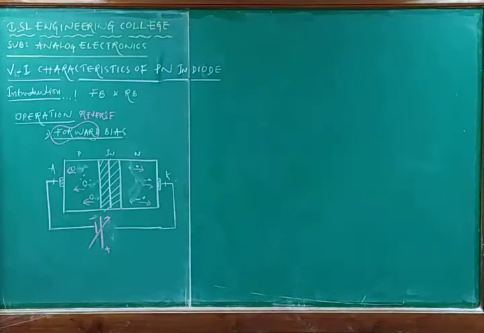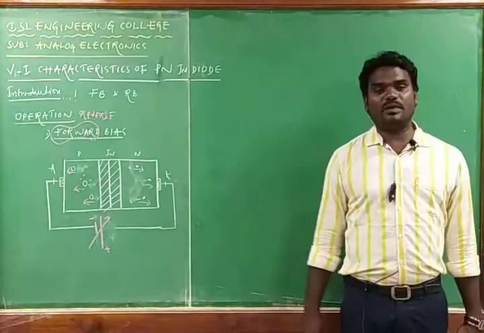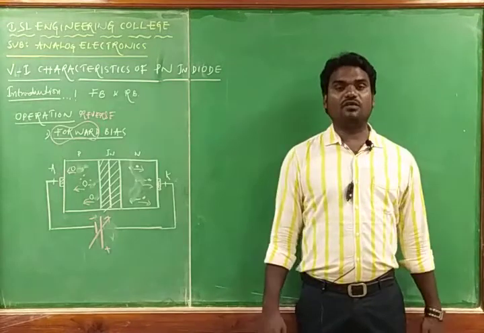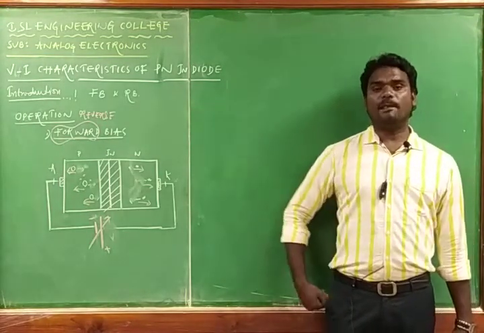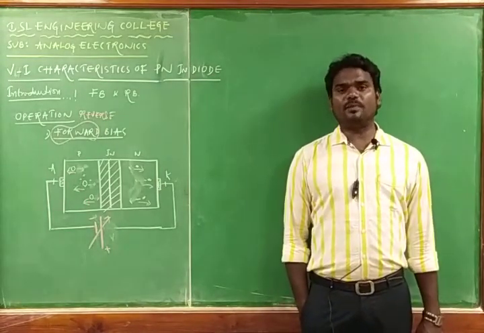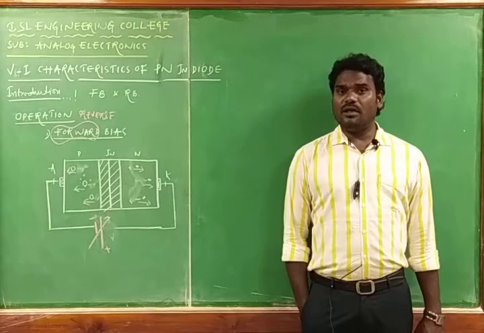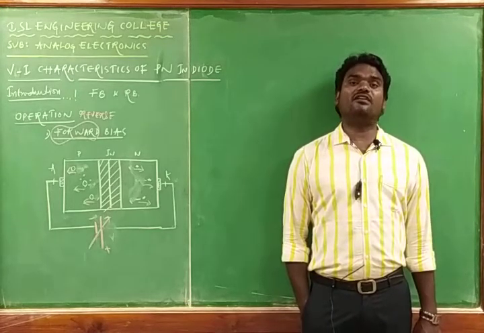So the PN junction diode conducts current in forward bias in terms of milliamps, whereas the same diode conducts current in reverse bias in microamps. Milli means 10 power of minus 3, micro means 10 power of minus 6. That means in reverse bias mode, the PN junction diode conducts 1000 times less current than in forward bias.